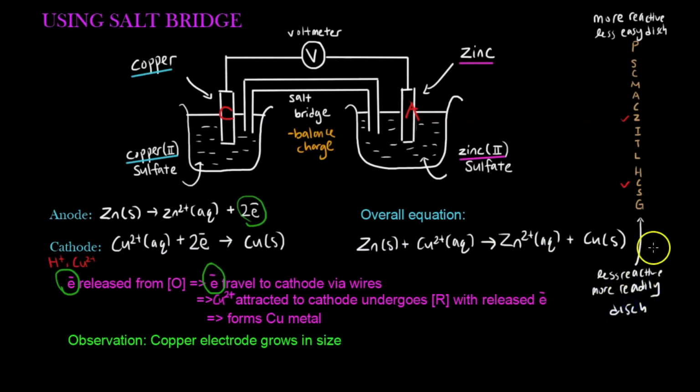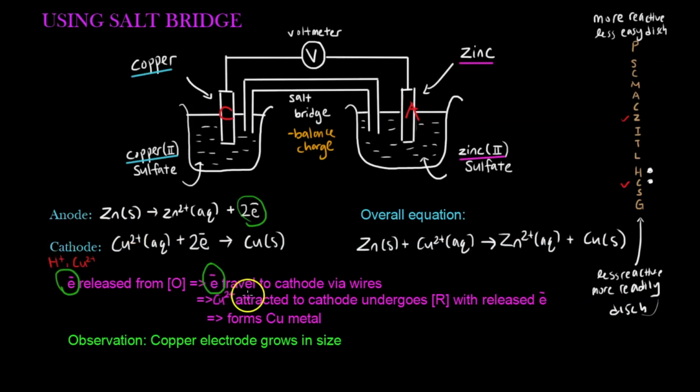So this is the difference between H+ and copper. H+ is here, copper is here. Cu is more readily discharged. That's why we use copper here instead of H+. Hopefully that makes sense.